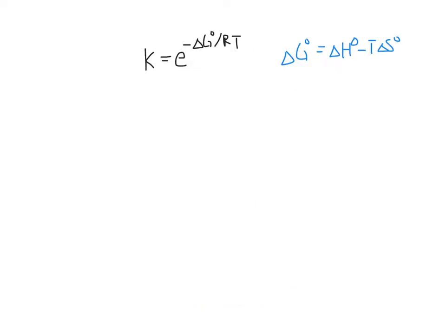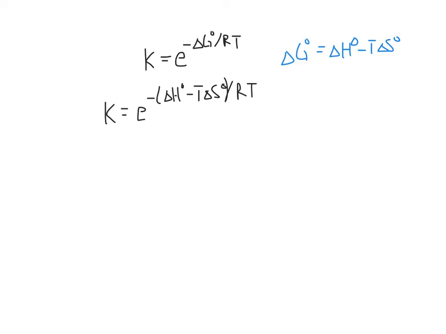To figure out the overall temperature dependence of the equilibrium constant, we're going to need to plug in our expression for delta G into our expression for K. So when we do that, we end up with K is equal to e to the minus delta H naught minus T delta S naught, the whole thing divided by RT.